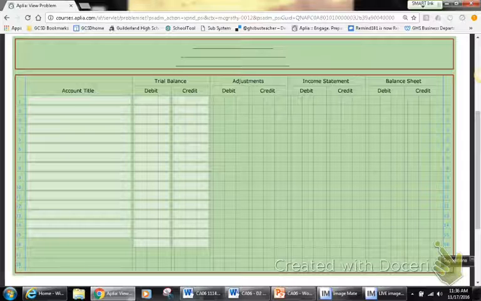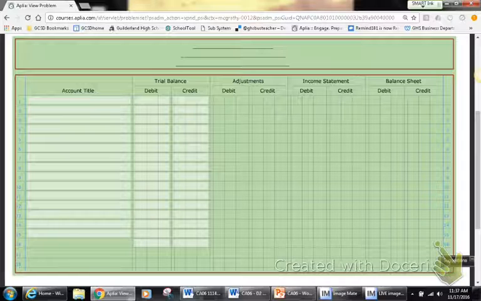Then liabilities. Good. Then owner's equity. Good. Then sales. Perfect. Then expenses. Good. So first go our assets, then our liabilities, then our owner's equity, then our sales, and then our expenses.